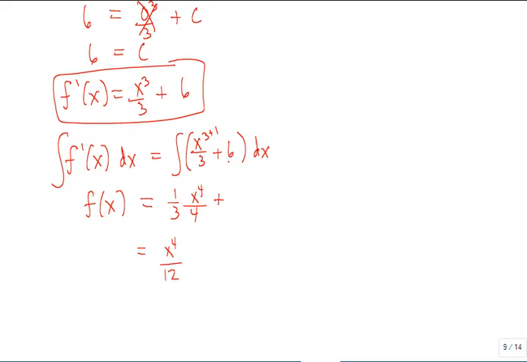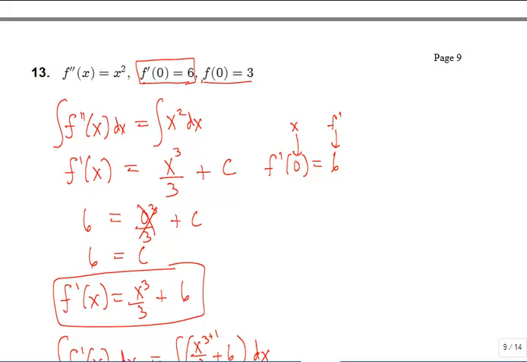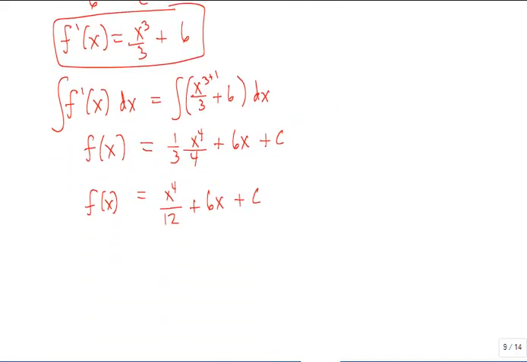What function has 6 as its derivative? Just 6x. And then we need that plus c on the side. So here is f of x. Now we want to use our second initial condition to find the last plus c. So we are told that f of 0 is 3.